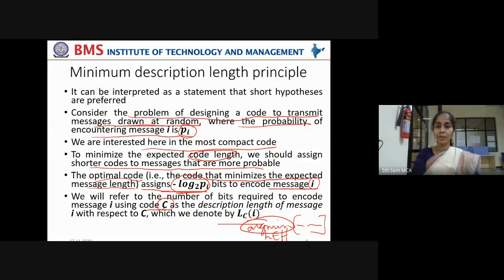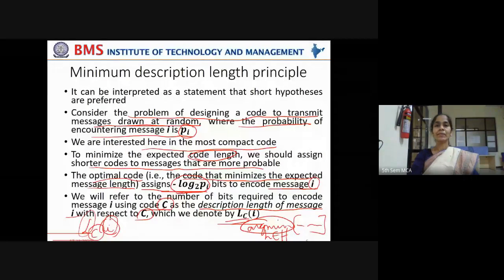Now we'll refer to the number of bits required to encode message i using code C as the description length of the message i with respect to C, which we denote by L_C(i). So when I write L_C(i), it is the description length of the message i with respect to the encoding C, the number of bits required to encode message i.